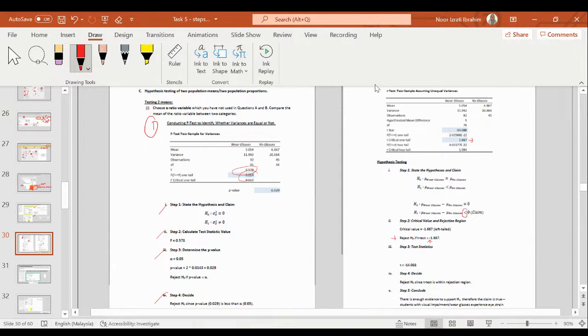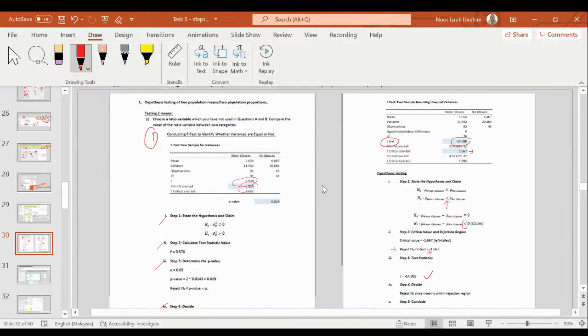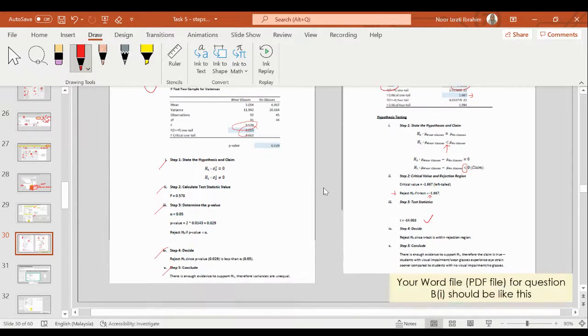And for step 3, the test statistic, we use the t-stat value and just put it here and do the decision and conclusion. It's not necessary to be a left tail test. It can be right tail or two tail. That will be on testing the two means.